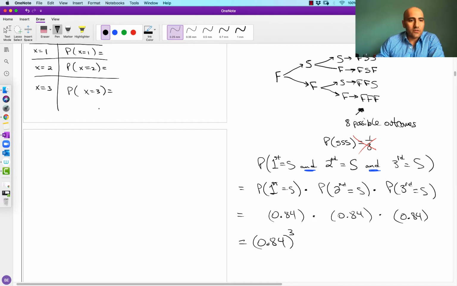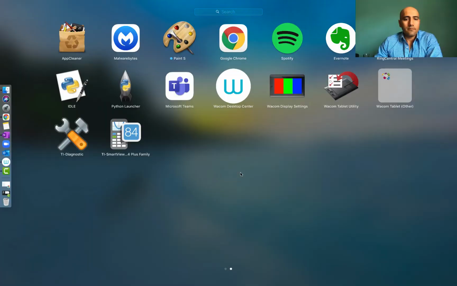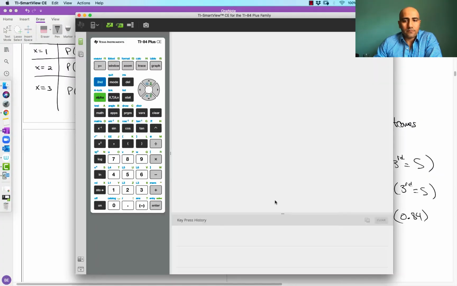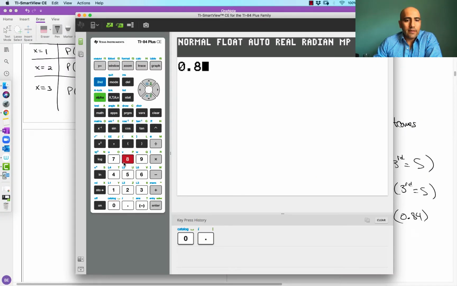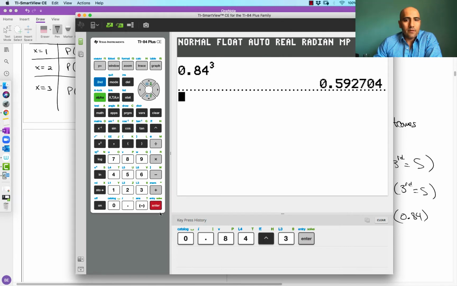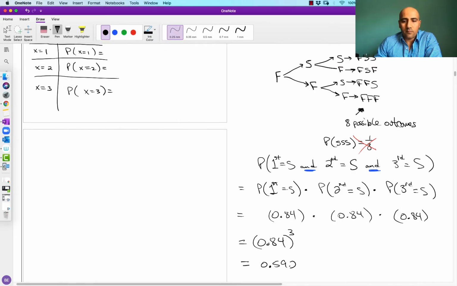So let's just calculate that. 0.84 to the power of 3 is equal to 0.5927, or approximately 59.27%. Okay, that's the probability that this situation happens, that he makes all 3 of them.